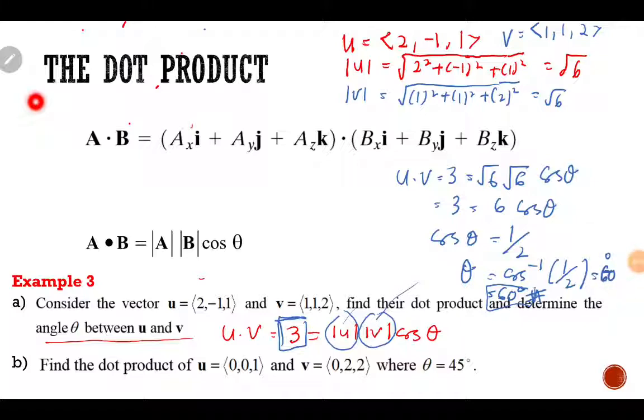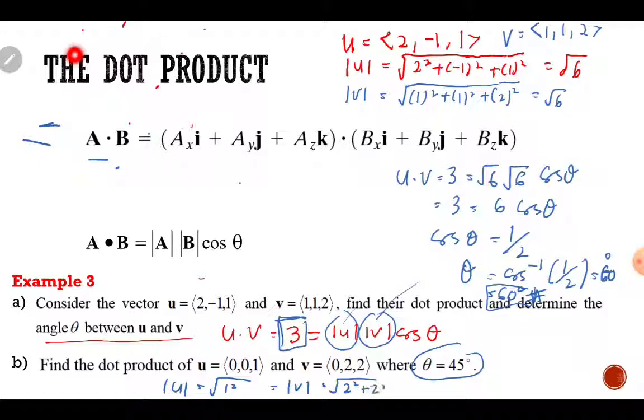Yang ni pula dia kata find the dot product of U and V where angle dah bagi. Alahai, senang sangat ni. Magnitude U sama dengan apa? 0, 0, 0 tambah 1 square je lah kan. And then magnitude V dia pula adalah 2 square tambah 2 square. So you get square root 8. Betul? Kan?